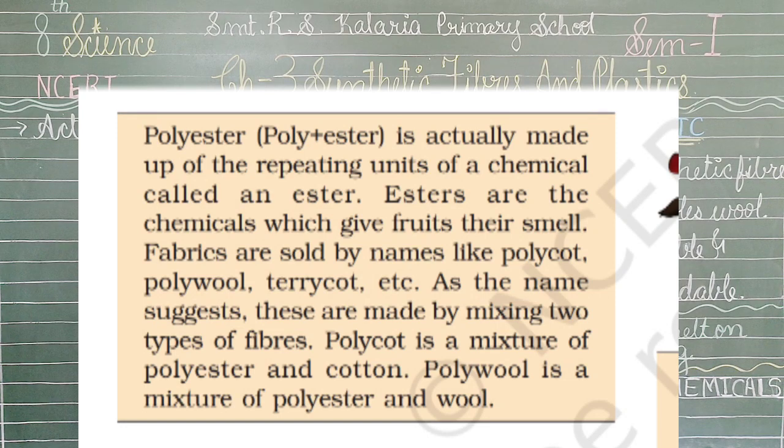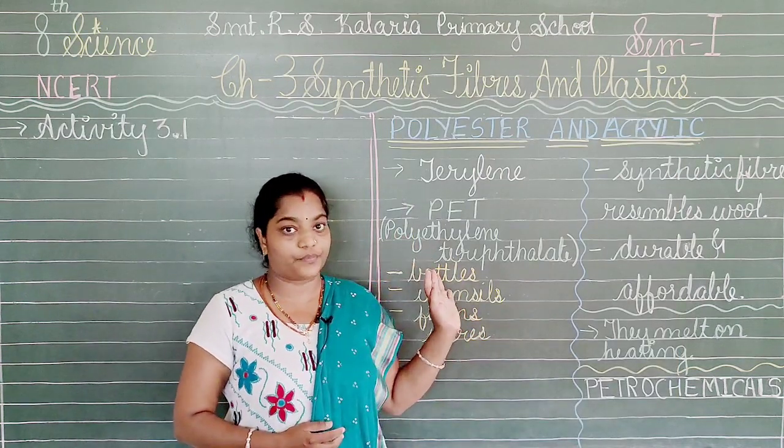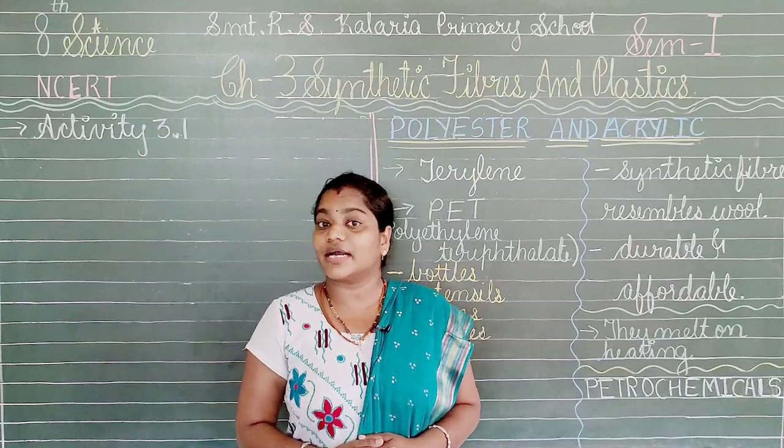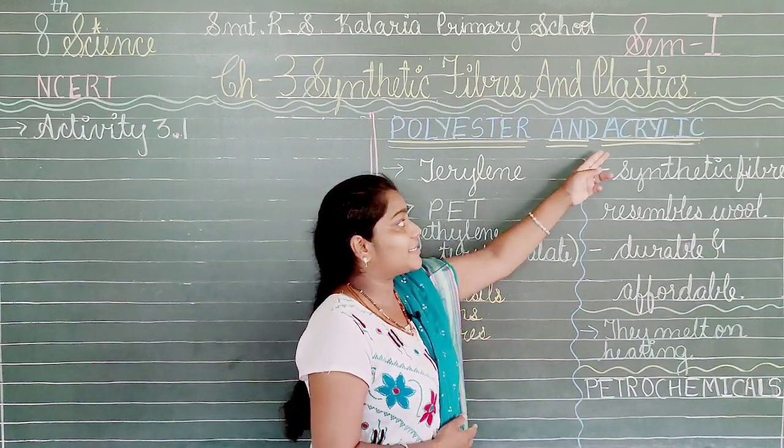Polywool is a mixture of polyester and wool. So this was the explanation about polyester that we have come across till now. Now here we have another artificial or synthetic fiber, named acrylic.